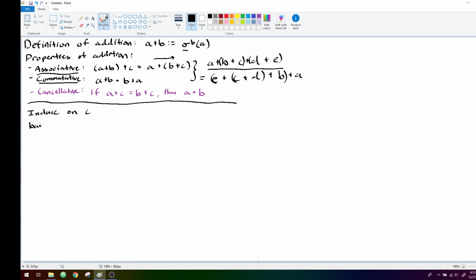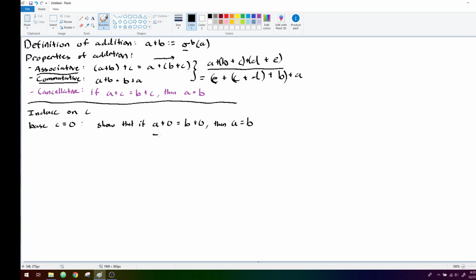So our base case is when c is equal to 0. That means that we are trying to show that if a plus 0 equals b plus 0, then a equals b. Remember, we're proving a logical implication here.